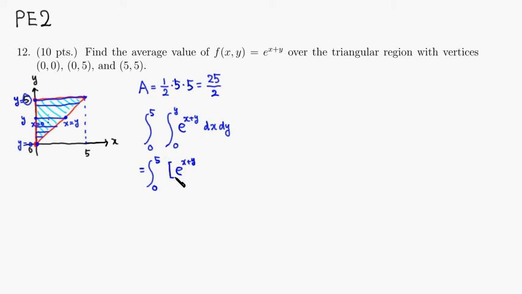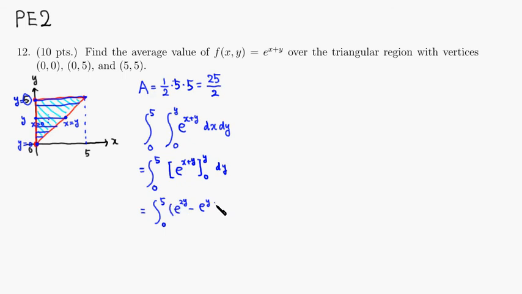Then you're going from 0 to y, and you have a dy. Remember that these are x values, so we plug into x. So we have the integral from 0 to 5. Plugging in y, you have e to the y plus y, so e to the 2y, minus, if you plug in 0, e to the y.